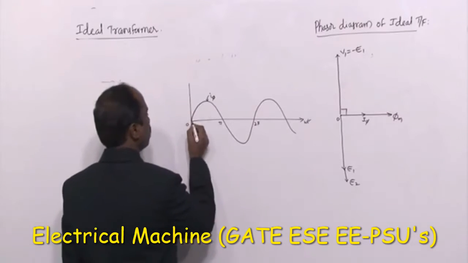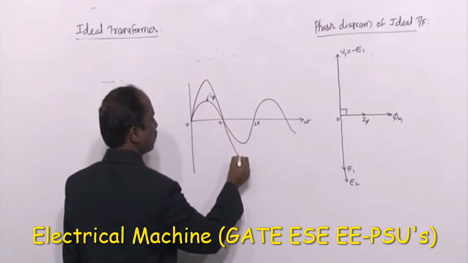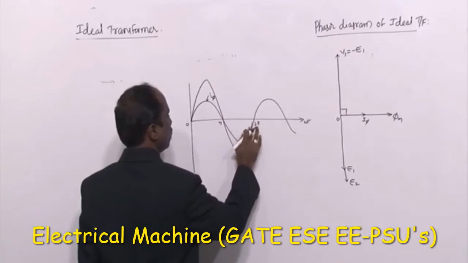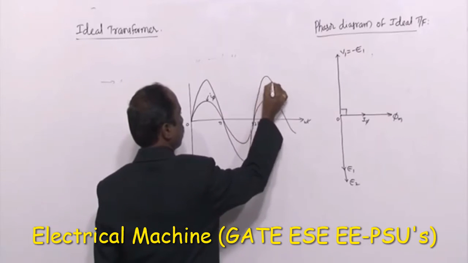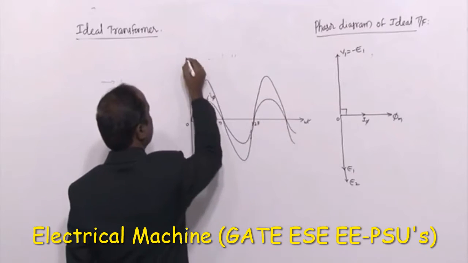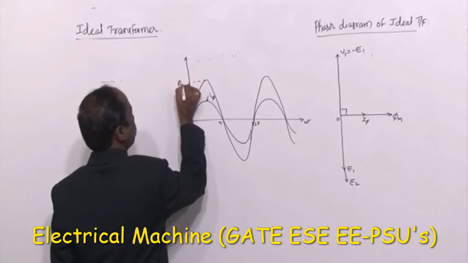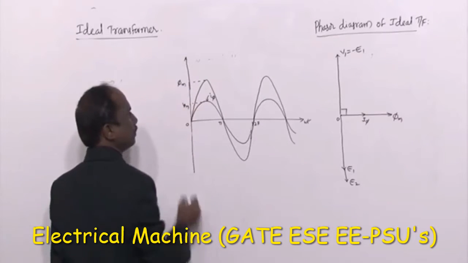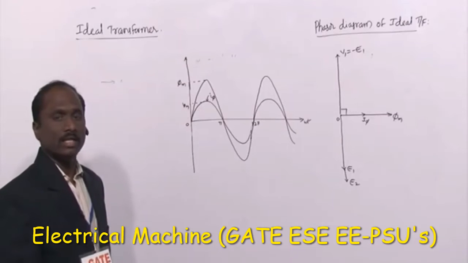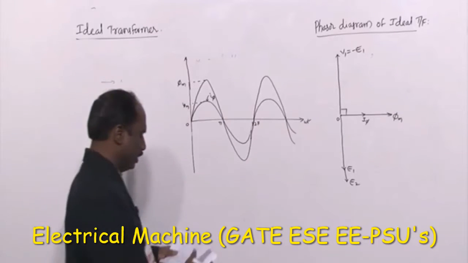Because of this current we are able to develop flux. This is the flux. Flux is in phase with the current. This is the maximum value of the flux, phi m, and this is the maximum value of the current. Next, with reference to voltage, the current is lagging, or the voltage is leading.